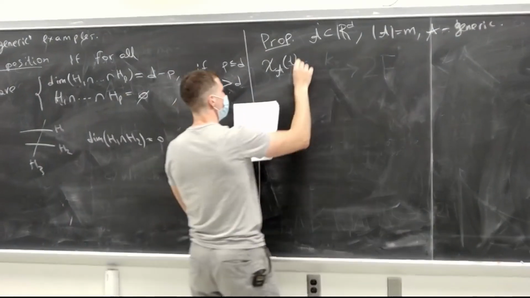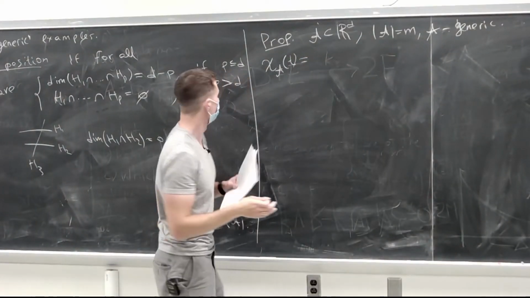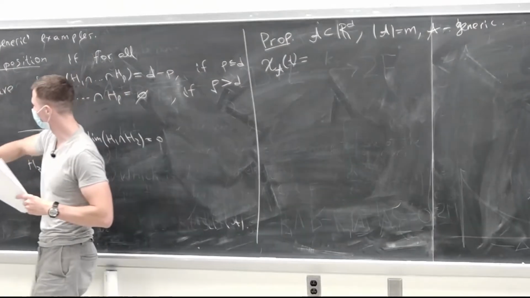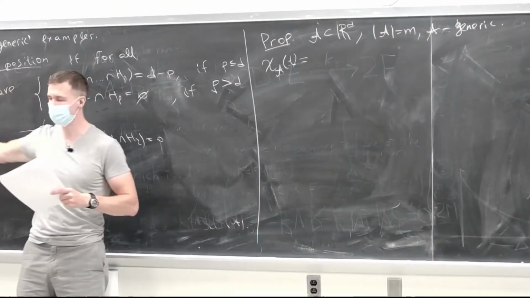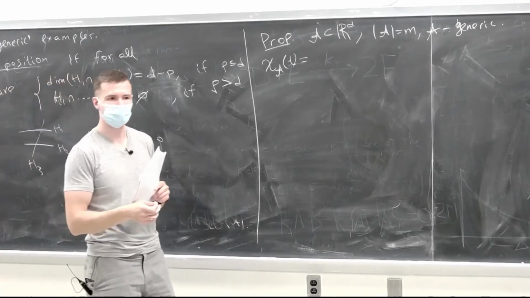Then the characteristic polynomial does not depend on anything else. No matter how you draw any 4 random lines in the plane, there's going to be exactly 3 bounded regions and exactly 11 regions.